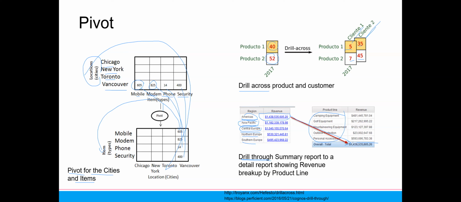From this data, I can see that camping equipment has revenue of this amount, golf equipment has revenue of this amount, mountaineering equipment has revenue of this amount, and so on. So we call this drill through: from a summary report to a detailed report showing revenue break up by product line.